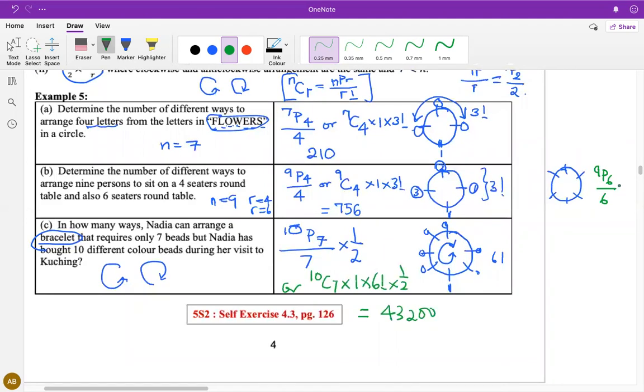So you should get the answer. Or you can use 9 choose 6, multiply 1, and then 5 factorial. So the answer should be the same.